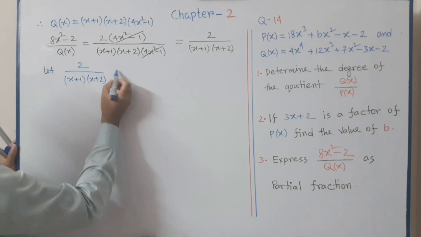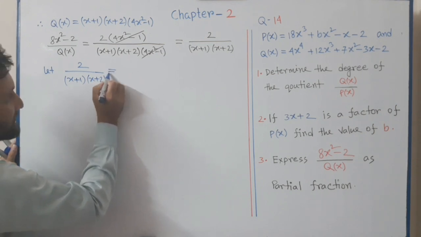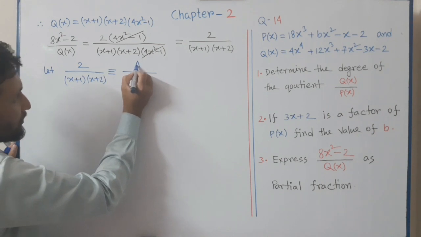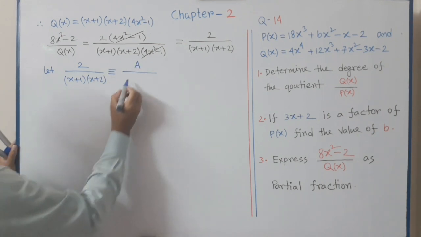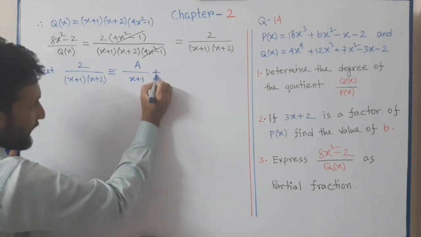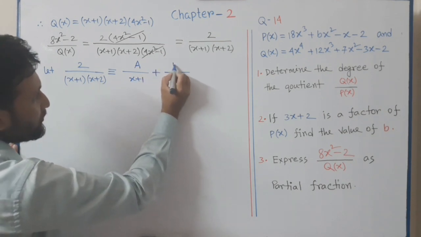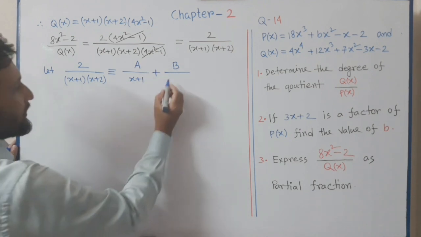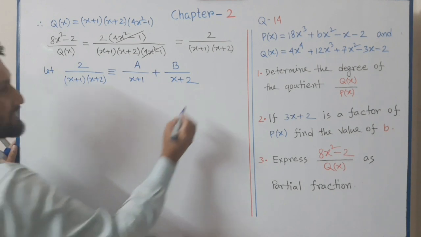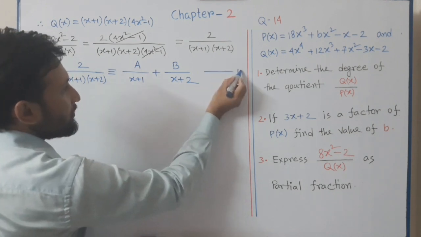So for these 2 factors, write down here the identity. For the first factor write an unknown value a, and the first factor is x plus 1, and then for the other factor write another unknown value b in numerator, and then the next factor is x plus 2. Okay, mark this as identity 1.